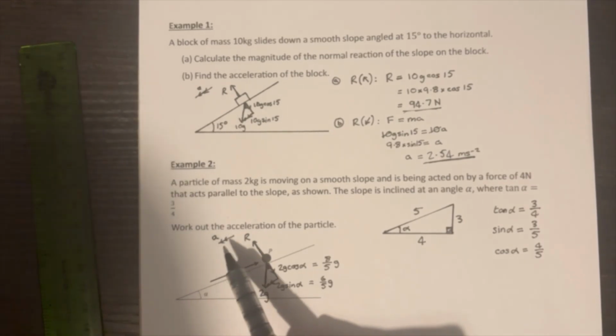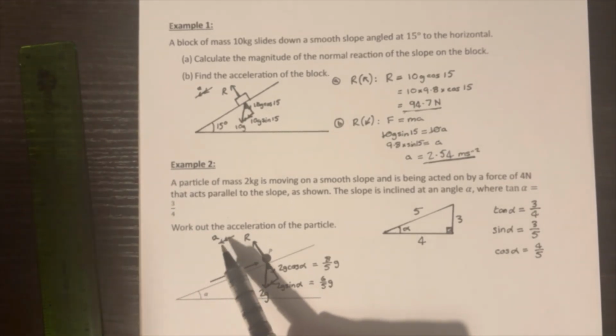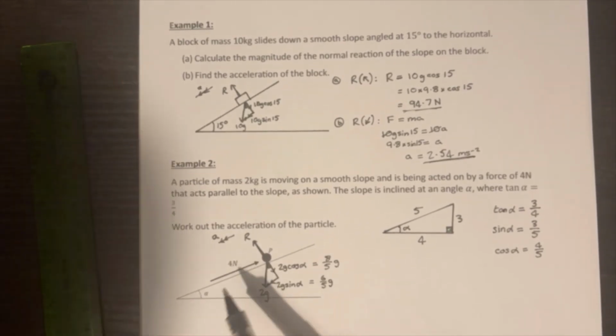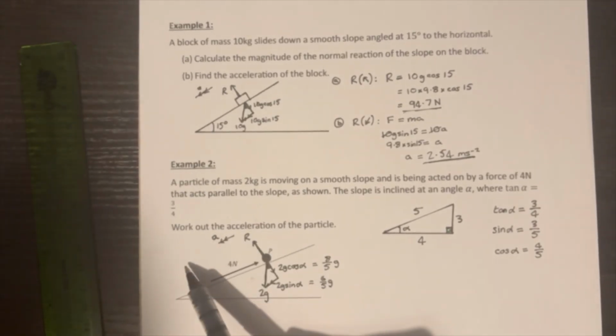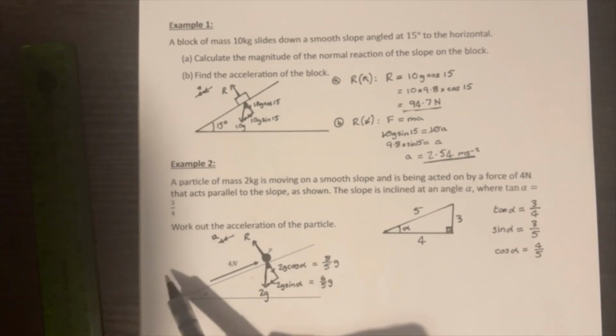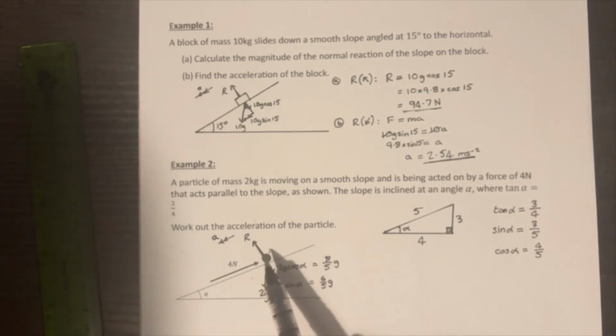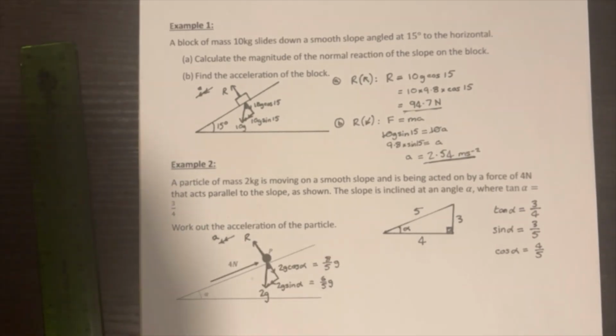So if we ended up with an answer which was negative, all that would mean is that the acceleration is actually happening up the plane. This force is strong enough to push it up the plane rather than the natural direction sliding down the plane. If the acceleration is positive, that's just going to suggest to us, like we expected, that we're accelerating that way.